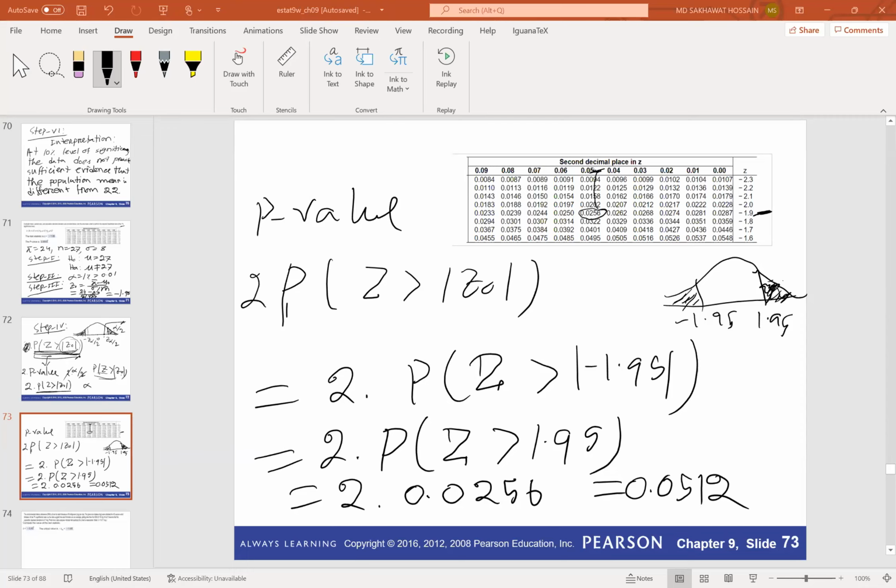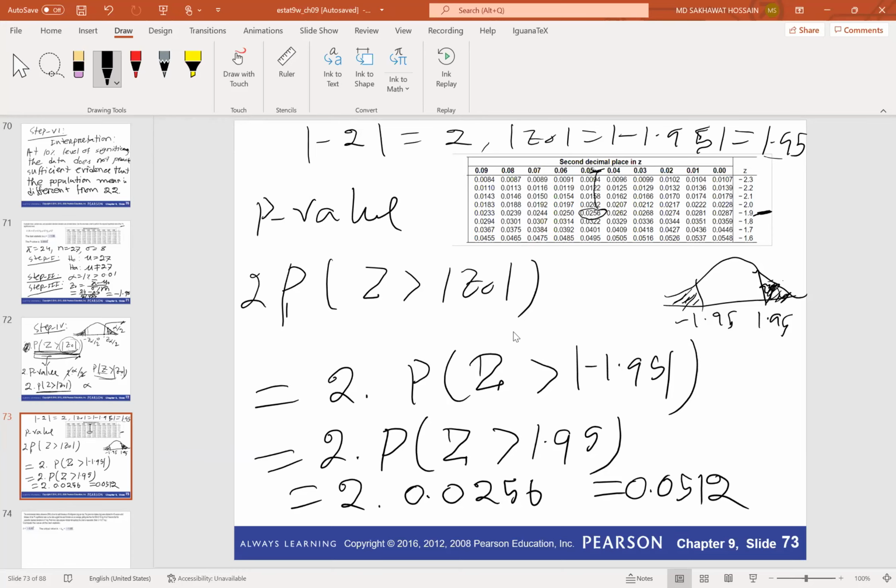Yeah, sure. The absolute value of Z0. The absolute value is an operator. If you consider the absolute value of -2, then it will be 2. So if you consider the absolute value of Z0 here, which is the absolute value of -1.95, that will become 1.95.